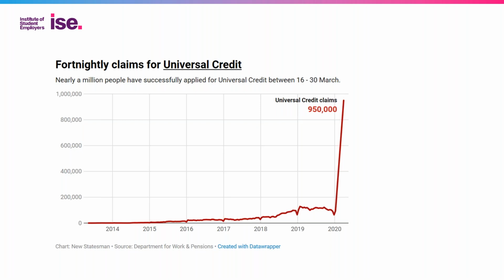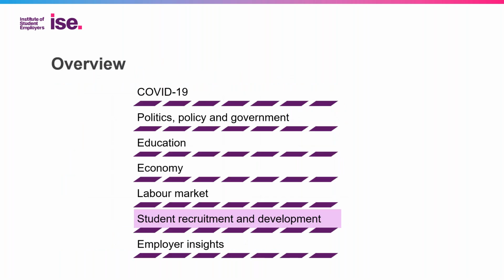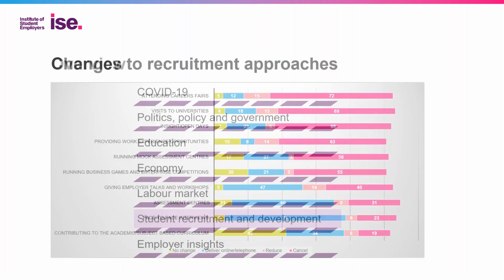So people are losing jobs, people are being furloughed, there are not very many new jobs in the economy, and many, many people are now claiming universal credit and are becoming unemployed. So that gives us a bit of context for what's happening in the specific area of student recruitment and development.